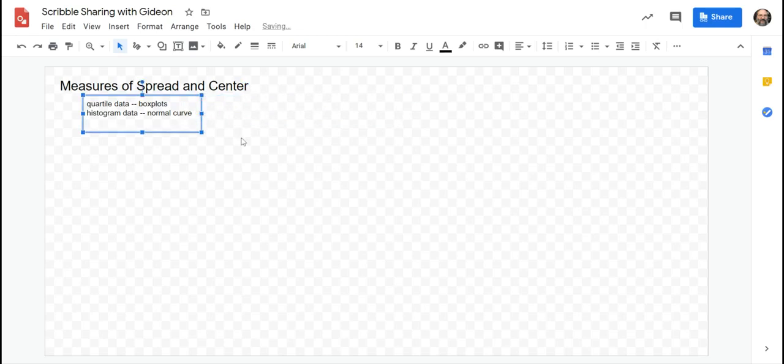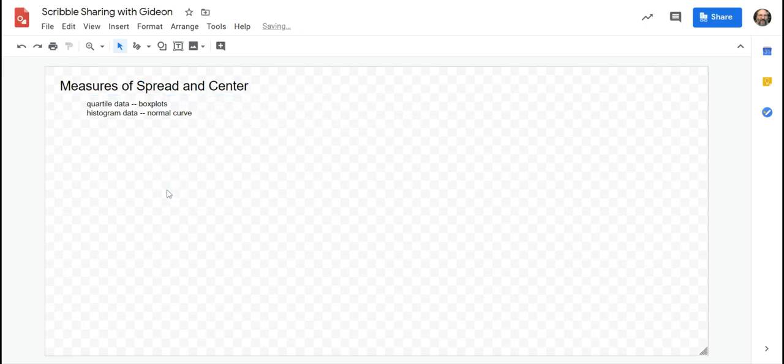And at first, it's just memorization. For your quartile data, your box plot, you've got your stem from Q0, that's the minimum, and then your box starts at Q1. That's the first quarter.